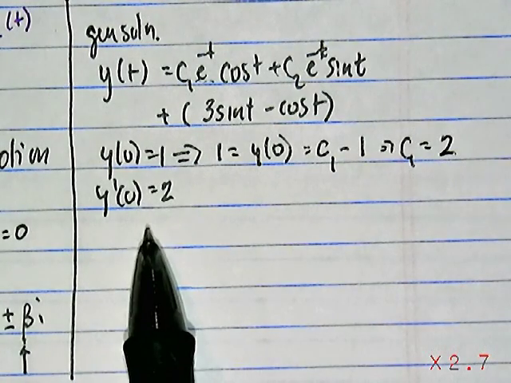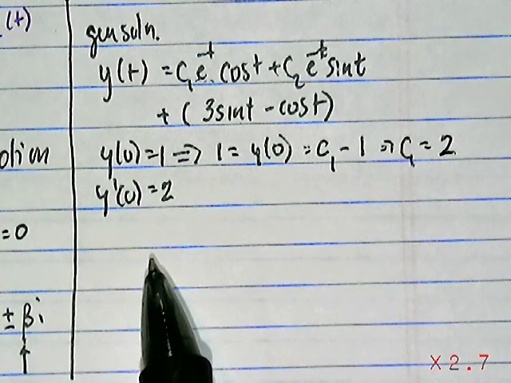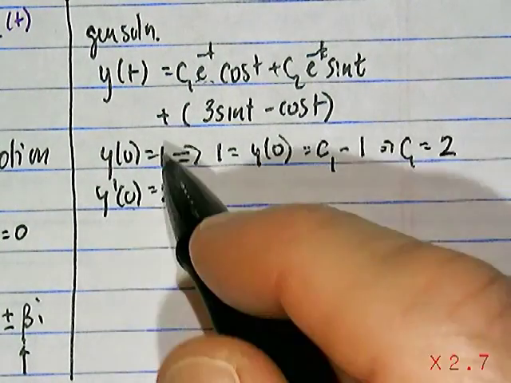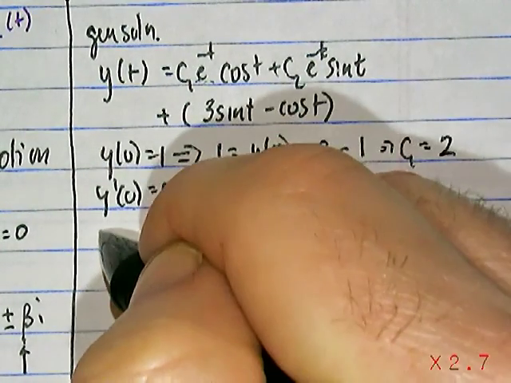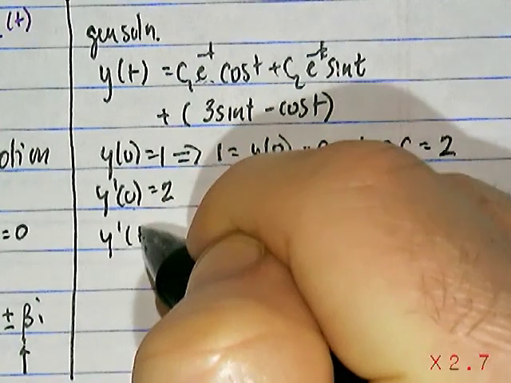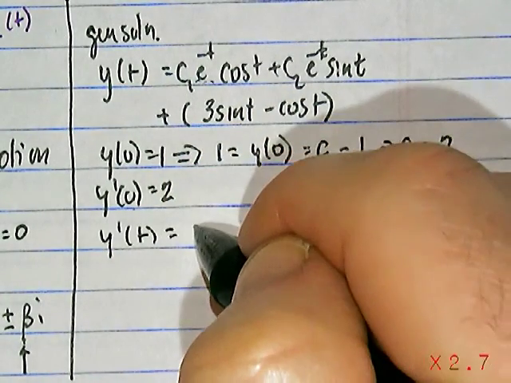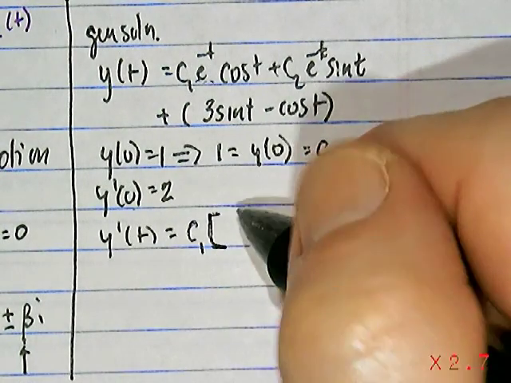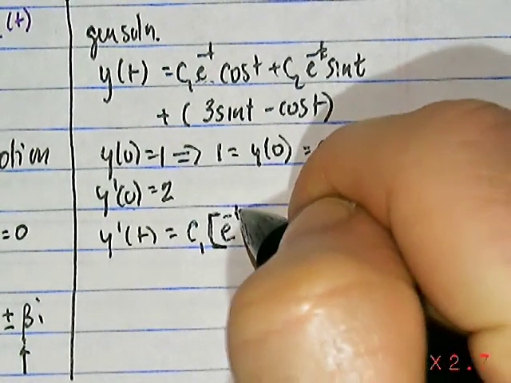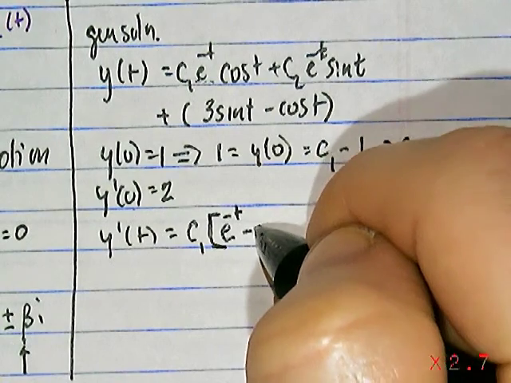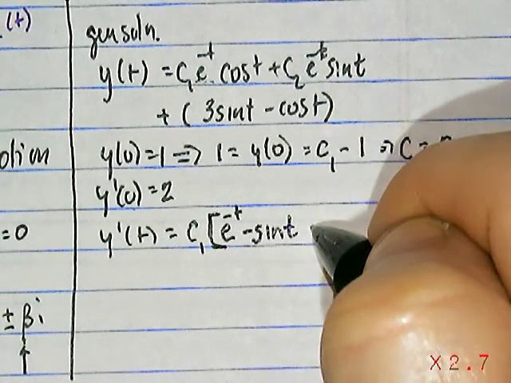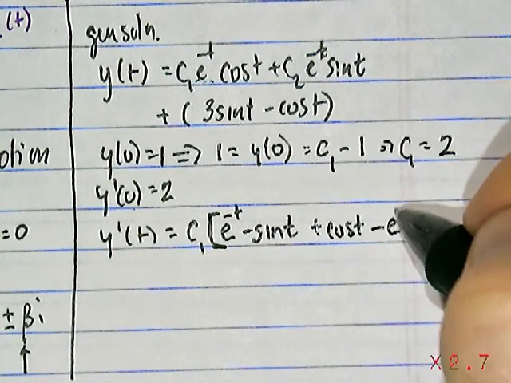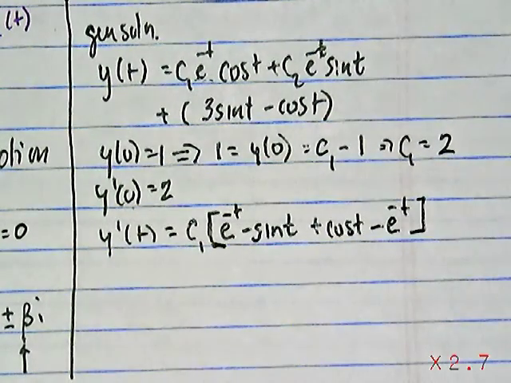Now let's use the second condition. To do this, we're going to have to compute derivatives, because the second condition is based on velocity, so let's compute the derivative of y of t. What would y prime of t be? Well, we're going to have C1, then use the product rule. First times derivative of second, plus second times derivative of first, so it'll be e to the minus t times minus sine of t, plus cosine of t times minus e to the minus t, so we've got to be very careful with our signs.